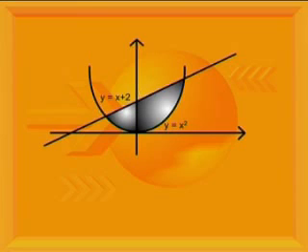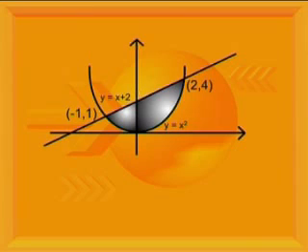Here is the diagram where you can see the graph of the parabola y is equal to x square and the graph of the line y is equal to x plus 2. This line and the parabola meet at the point minus 1, 1 and at the point 2, 4.